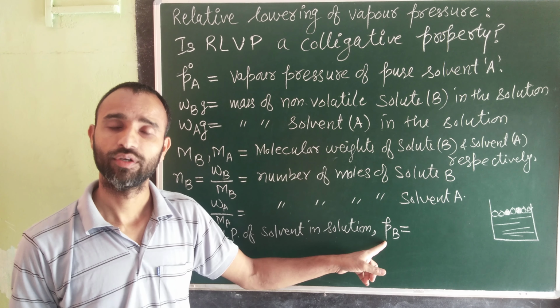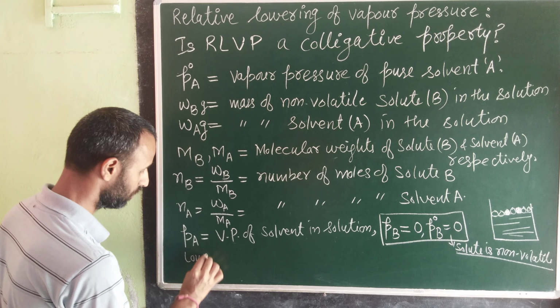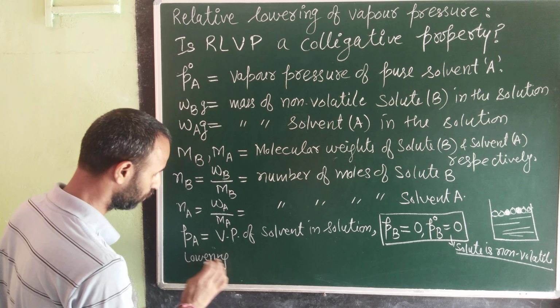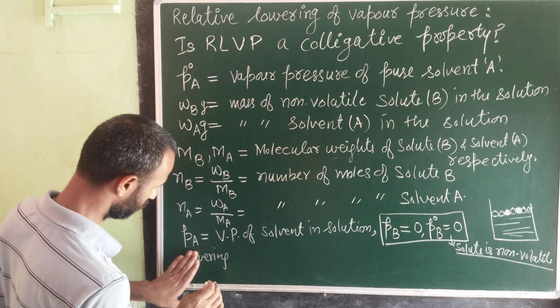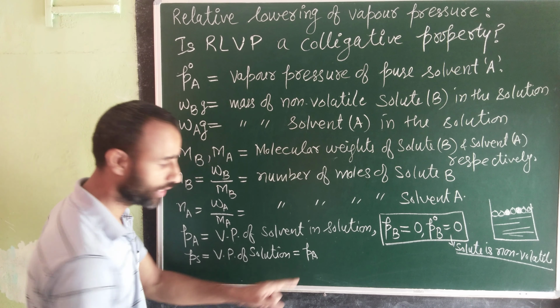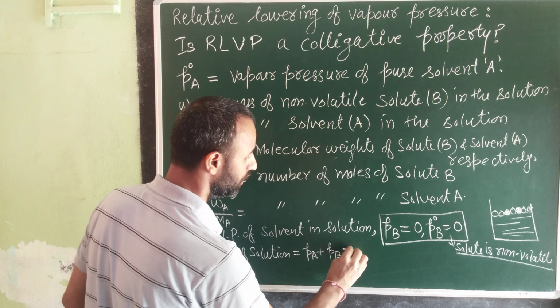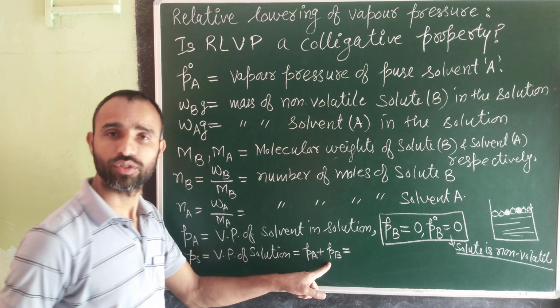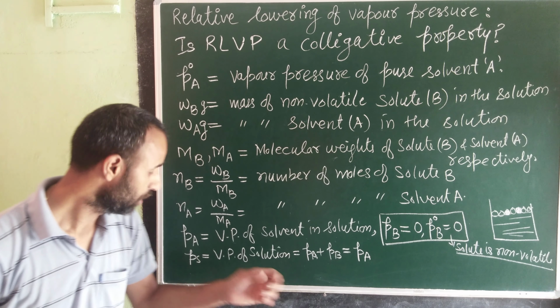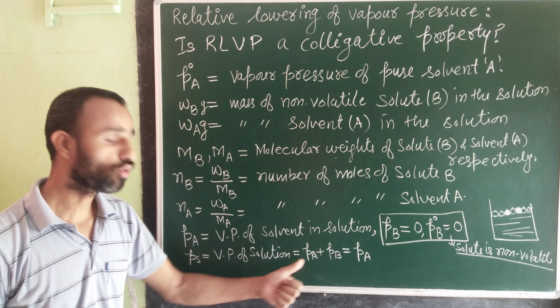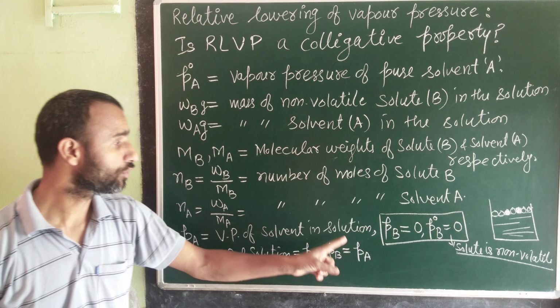Now what is the vapor pressure of the solution? Let us take PS as vapor pressure of solution. So vapor pressure of solution is vapor pressure of solvent plus vapor pressure of solute, but solute is non-volatile, so PS is equal to PA. That means vapor pressure of solution is equal to vapor pressure of the solvent in the solution.